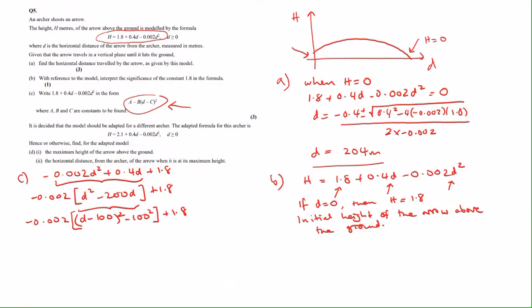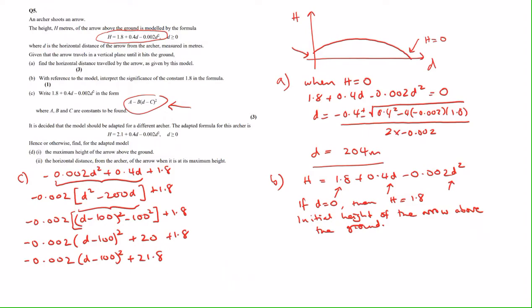So I will get minus 0.002 d minus 100 all squared. Minus 100 squared is minus 100,000, and times that by minus 0.002 is plus 20. And then add 1.8 at the end, and then I'd get plus 21.8. And so that's in the form that they want it above.